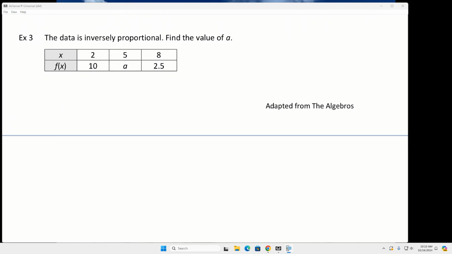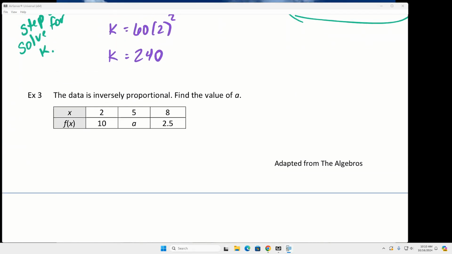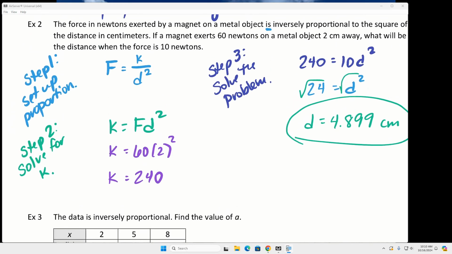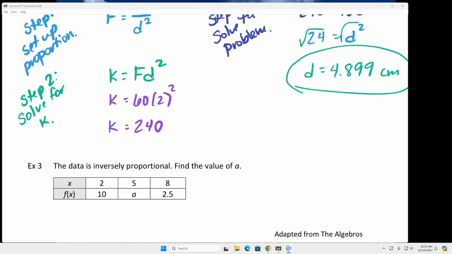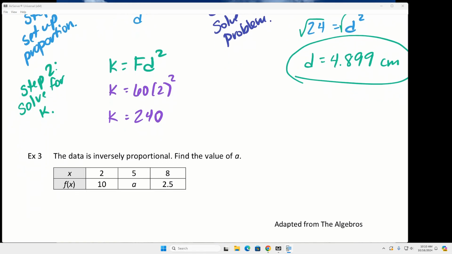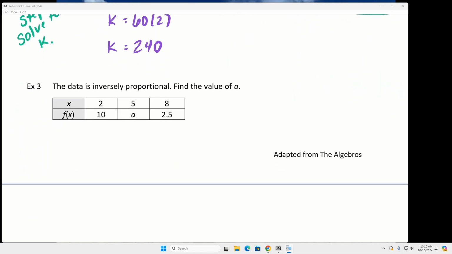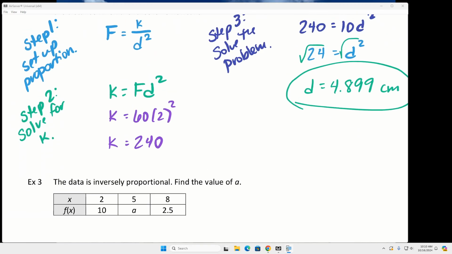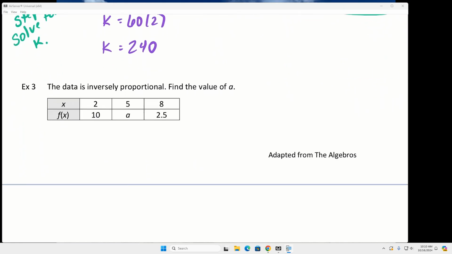So we know that this data is inversely proportional. We want to figure out what A is. Now you could do the whole thing, like what we just did. Set up the proportion, find K, plug in 5 for X, and find f of X. But if you remember that you always multiply to get K, just think about multiplying.